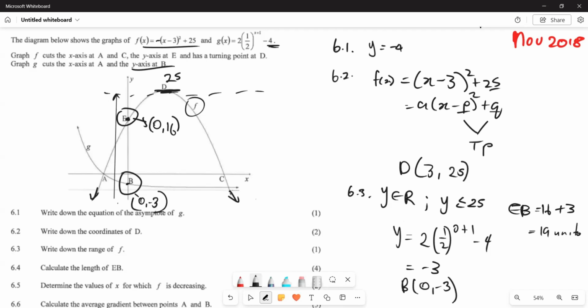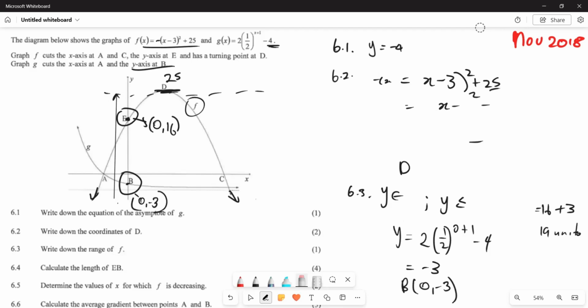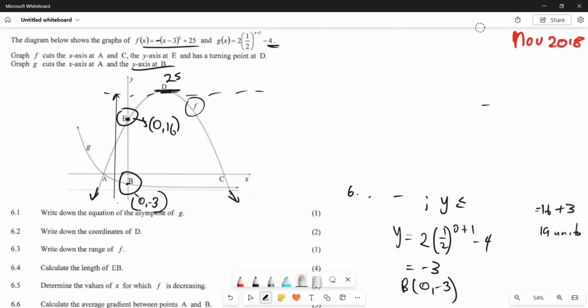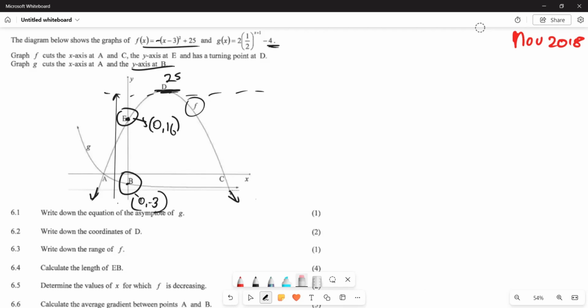Now, continuing swiftly along, what else are we required to do here? Let's make up our space so that we can solve the next question. The next thing we are required to do is determine the values of x for which the graph of F is decreasing, right?